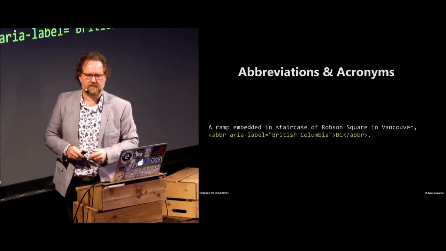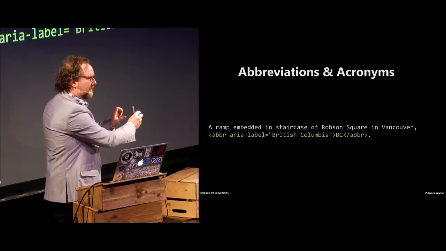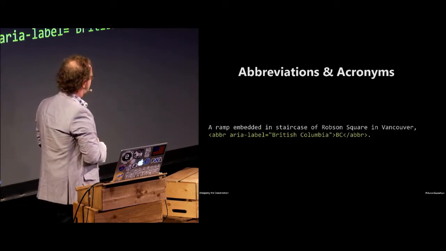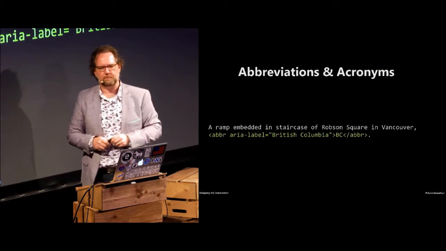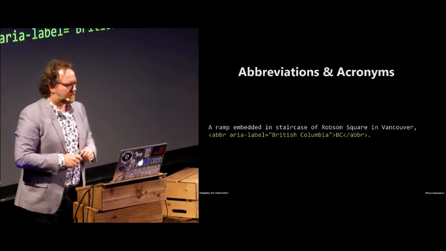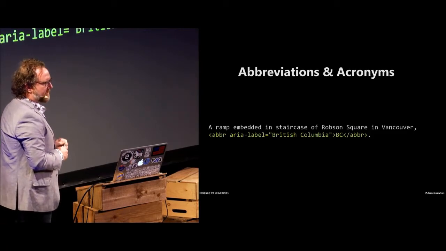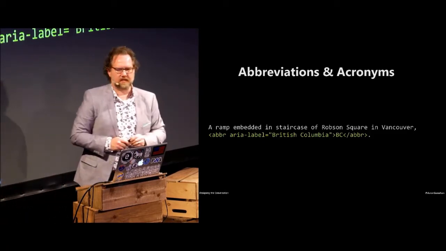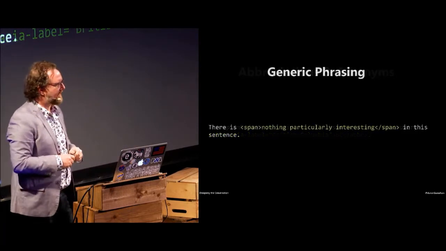You can use aria-label if you want to have the expansion, or better yet, write it into your content and then have ABBR off to the side, maybe in a definition element, which is another great semantic element that you can use, showing the defining instance of a term. Most screen readers do not pay attention to title, so aria-label is how you would get it written in there, and that's part of the ARIA spec, which stands for Accessible Rich Internet Applications, and I'll talk about that a little bit more in a few minutes.